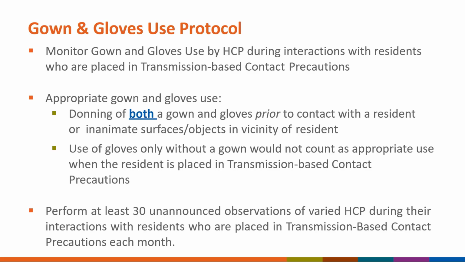That can include physician, nurses, therapists, aides, etc. Performing a variety of resident care tasks during the course of the month of which gown and gloves were used. Please note, both gown and gloves must be donned prior to contact for compliance. And again, no personal identifiers should be collected or reported.